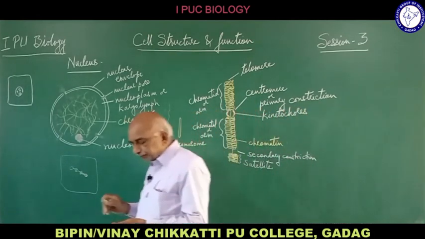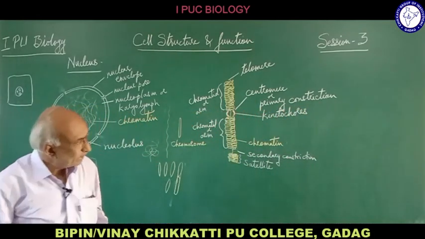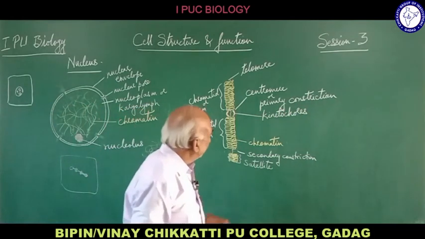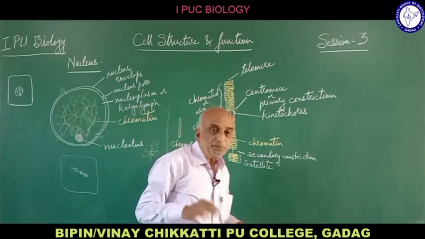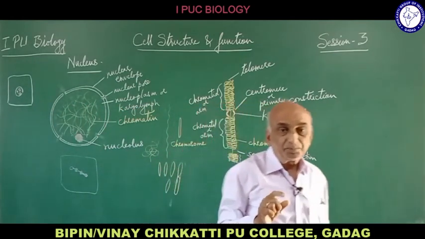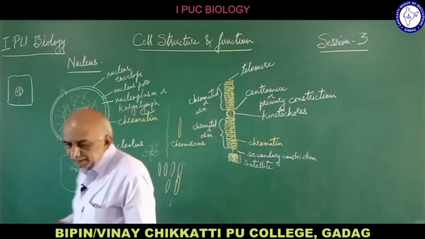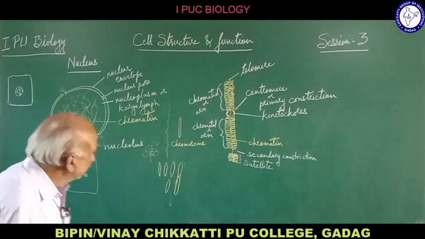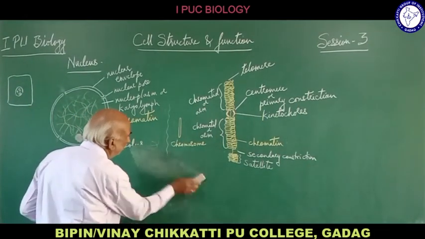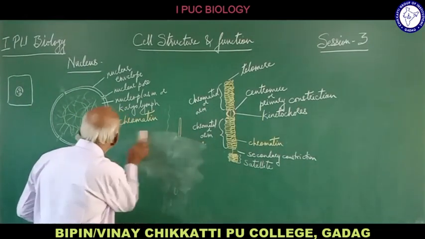Then if you come to the next part, chromosomes are classified into 4 types based on the position of the centromere. Whether the centromere is in the center or away from the center.